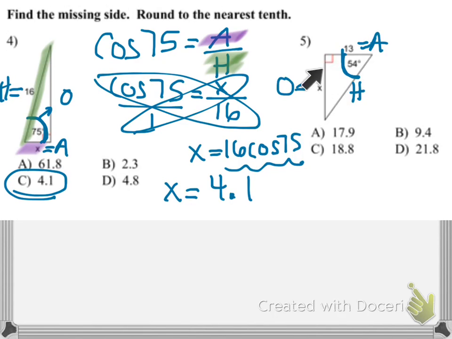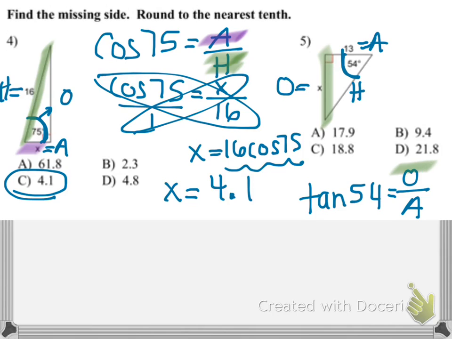Okay, well, I want to use the side that has x, and I want to use the side that has a number. So I want to use A and O, so opposite and adjacent. What only has opposite and adjacent? That's tangent. So I have tangent of 54 equals opposite over adjacent. So I'm going to again replace my opposite side with x and my adjacent side with 13.